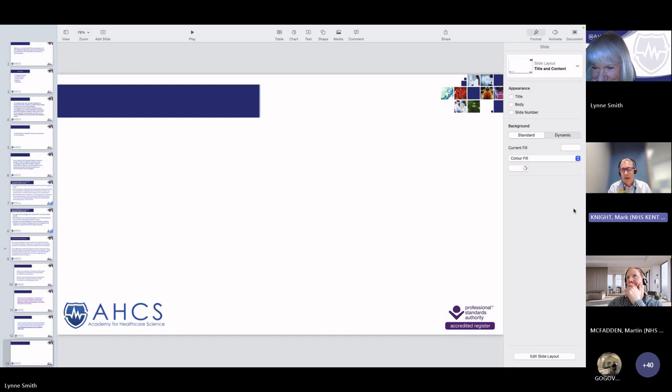So this is Akash from UHS Sussex. How is the AHCS equivalence scheme different from ACS Route 2? The key thing with the Academy's route is that we have the curriculum that the applicants have to provide evidence against.